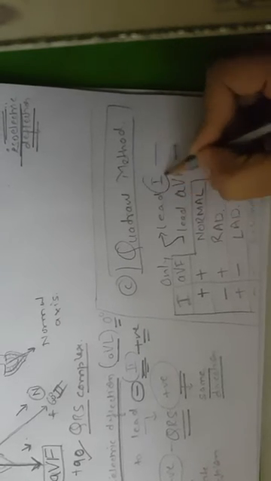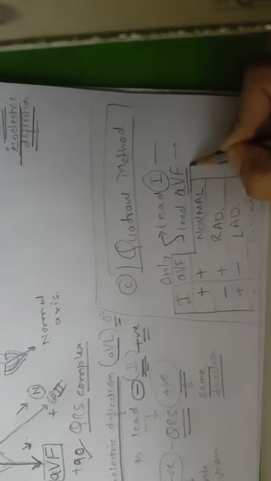There is one more method called the quadrant method. Here you have to just see lead 1 and AVF. Normally in lead 1 the QRS complex is positive, the current is moving towards lead 1. If AVF is also positive, then it is a normal cardiac axis.